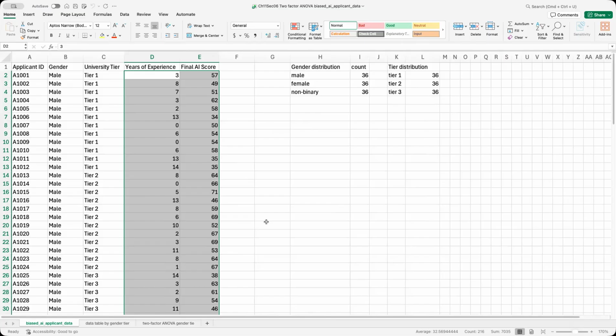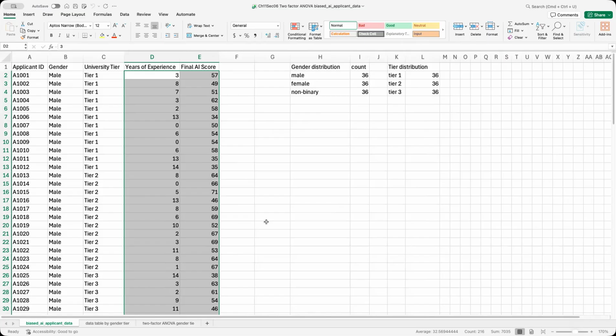There are exactly 36 in each gender category. There are exactly 36 in each tier of university. It gets weirder. There are exactly 12 in each possible combination there.